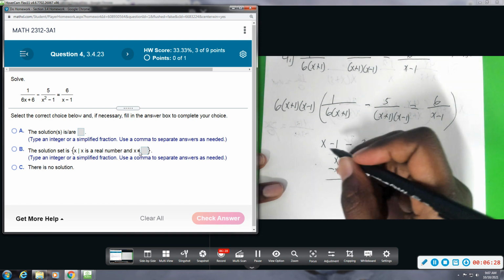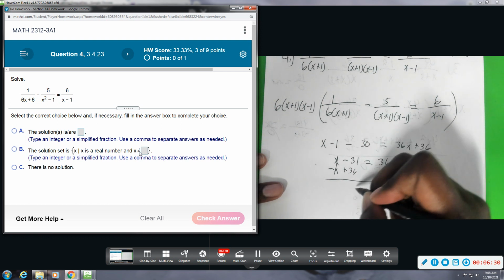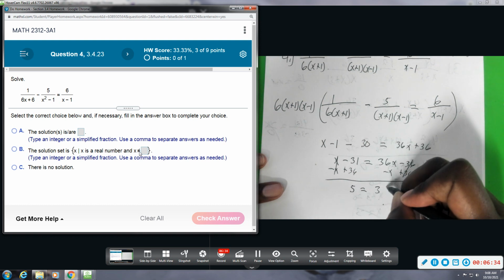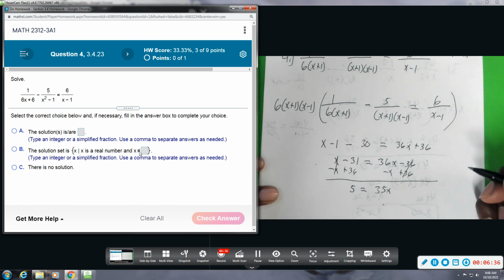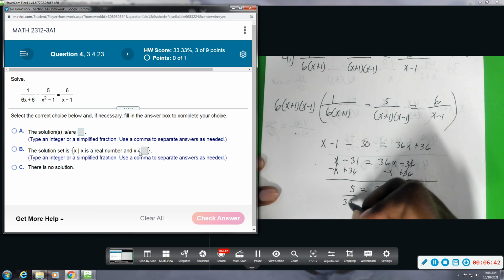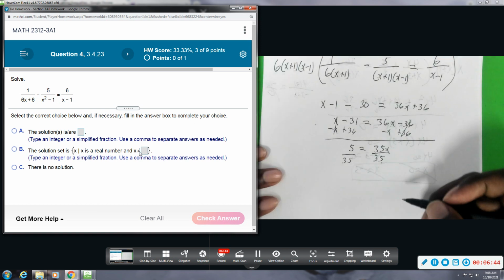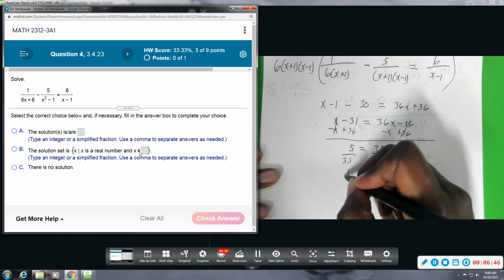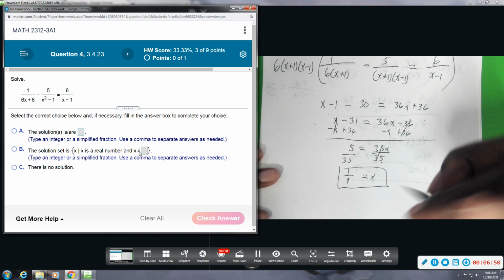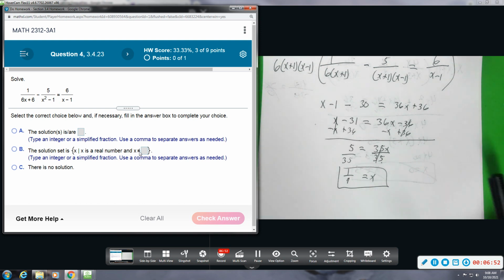That cancels, that goes to 0. This gives us 5 equals 35x. And then from here, divide by 35 on both sides. And this gives us 1 over 7 equals x. And it's not the 1 or negative 1, so this solution should be fine.